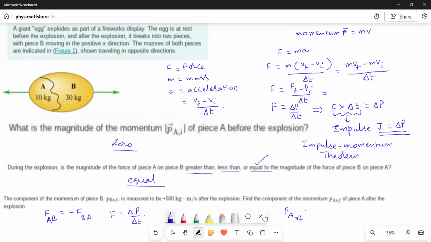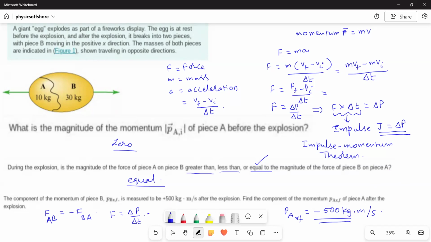P_Axf is equal to minus 500 kilogram meter per second. Okay, so that the total momentum will be 0. Agree? So this is the answer for this question.